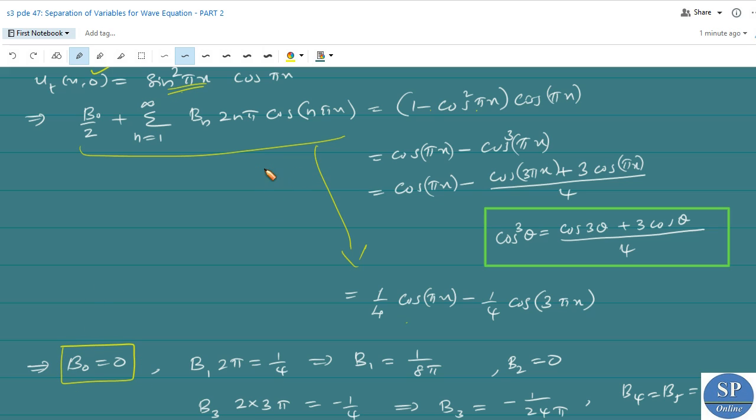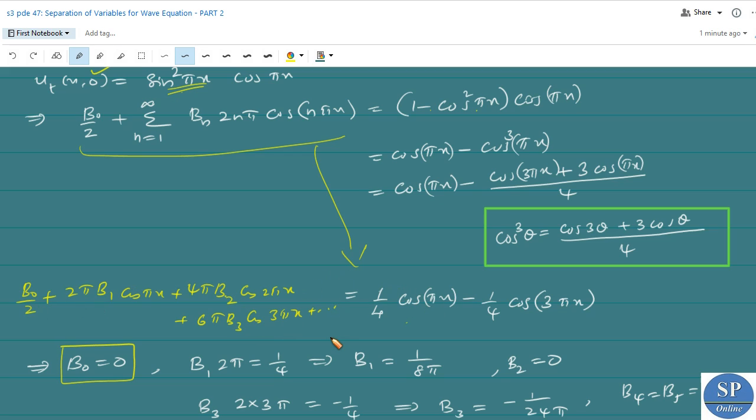Now we can expand this. Expanding, we get b naught by 2 plus, when n equals 1, 2 pi b1 cos pi x, plus when n equals 2, 2 into 2, that is 4 pi b2 cos 2 pi x, plus etc. And the third term, when n equals 3, is 6 pi b3 cos 3 pi x plus etc., equal to this.